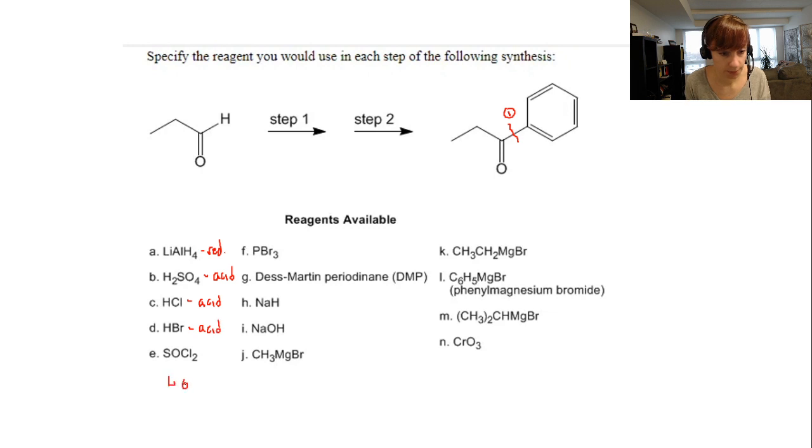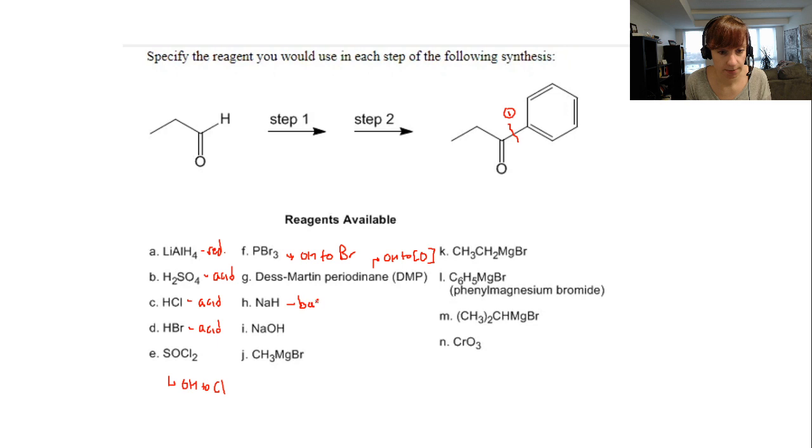This converts OH to Cl, which we have no chlorines in here. This converts OH to Br. We have no bromines. DMP is an oxidizing reagent, so it would convert OH to either ketone or an aldehyde, depending on what it was attached to. So I'll just write it as O.